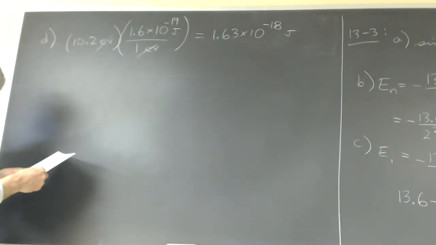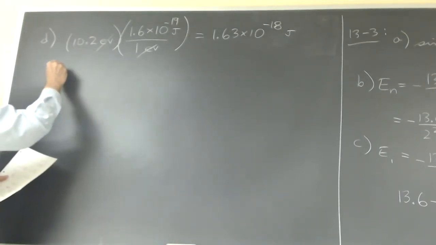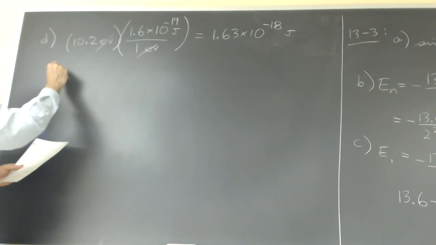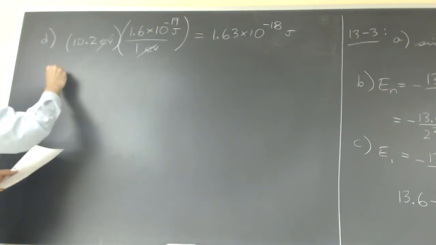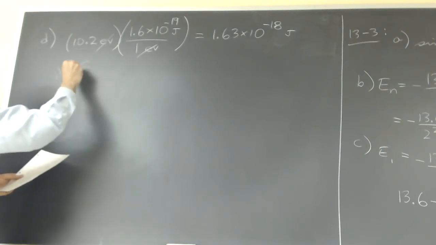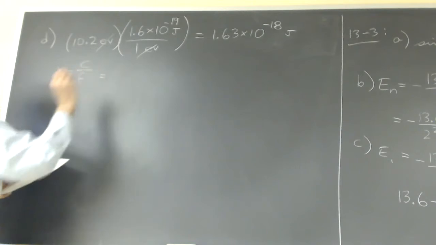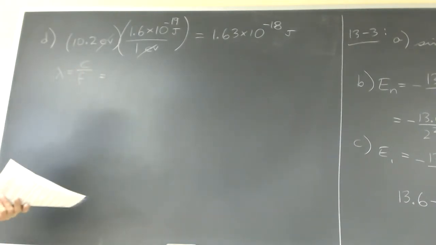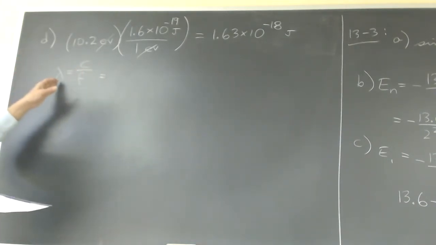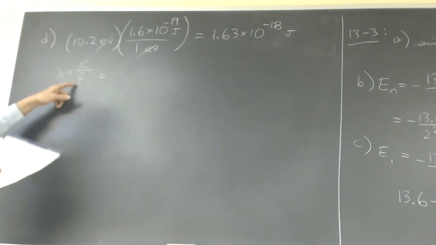Now that the units are fixed, since wavelength, again, going back to unit 9, the wavelength of any kind of a wave is equal to the speed divided by the frequency.